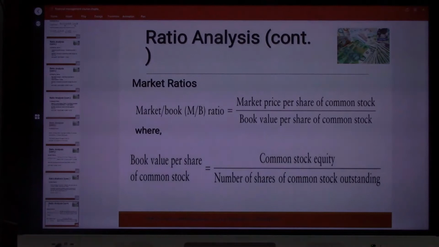And finally, the market to book ratio, or sometimes called M/B ratio, is a measurement of the market risk affecting the firm. It's the relation between market price per share divided by book value per share.